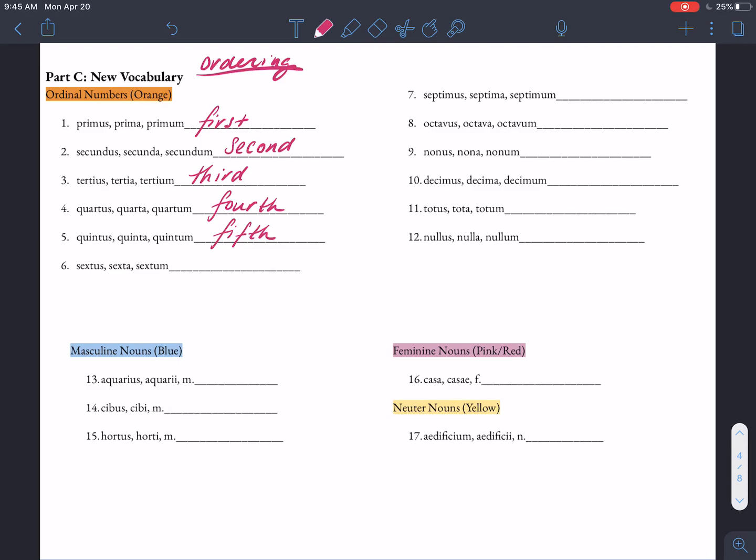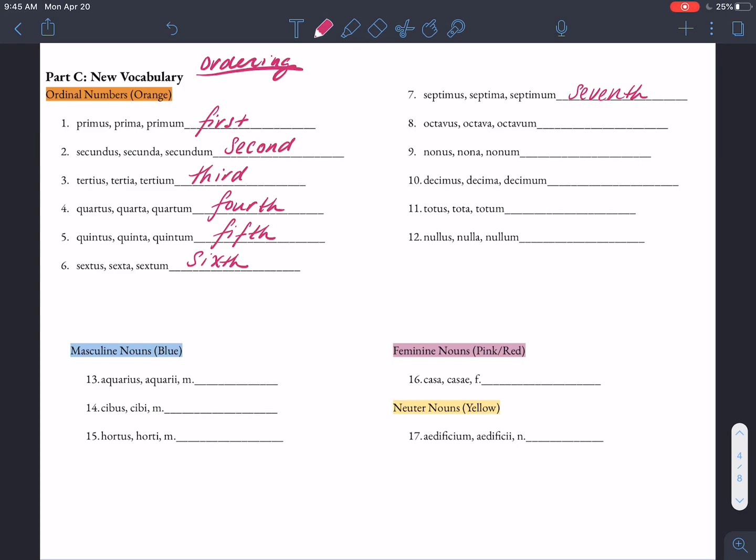Number 6, please repeat. Sextus, sexta, sextum. That's the sixth. Number 7, please repeat after me. Septimus, septima, septimum. That's the seventh.